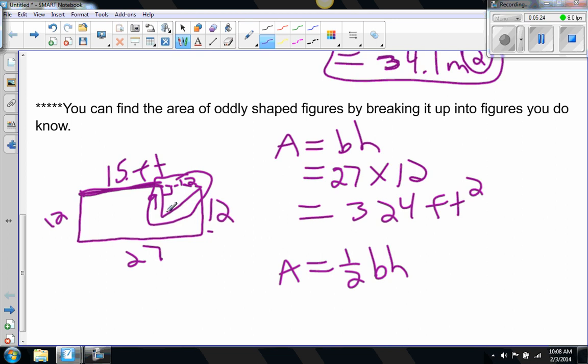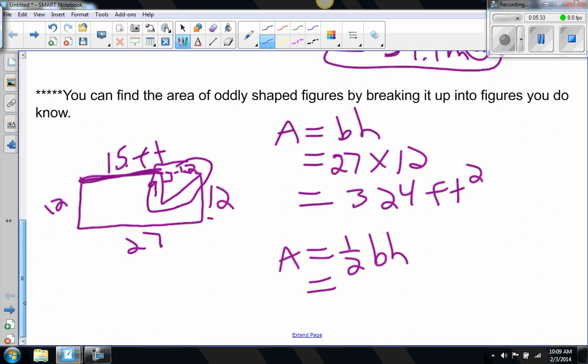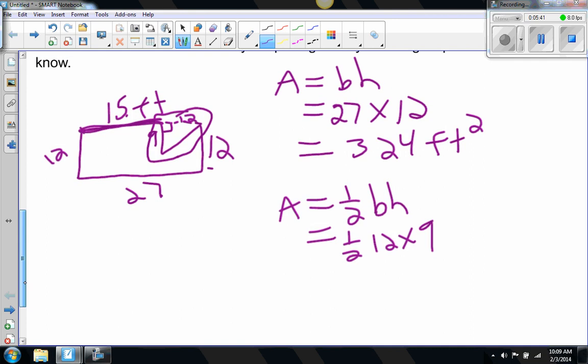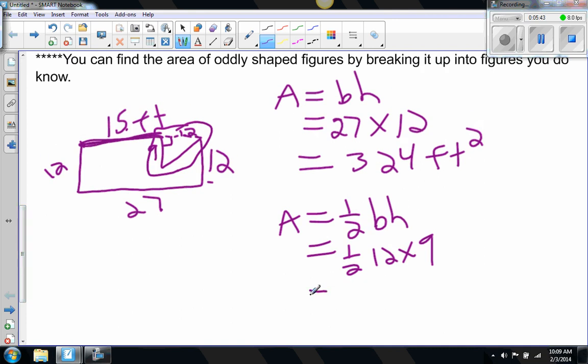And so on a right triangle, we never use the longest side, which is this side, so I'm not going to use that. My base and my height are right here. So I'm just going to plug it into my formula. 1/2 of 12 by 9, or 9 by 12, same thing. I'm going to get the same answer. So 1/2 of 12 is 6. 6 times 9 is 54.